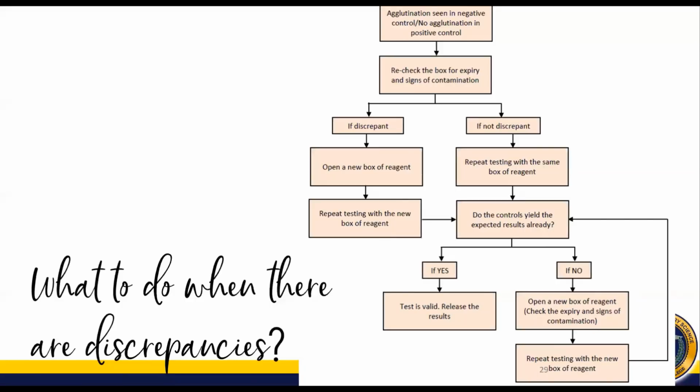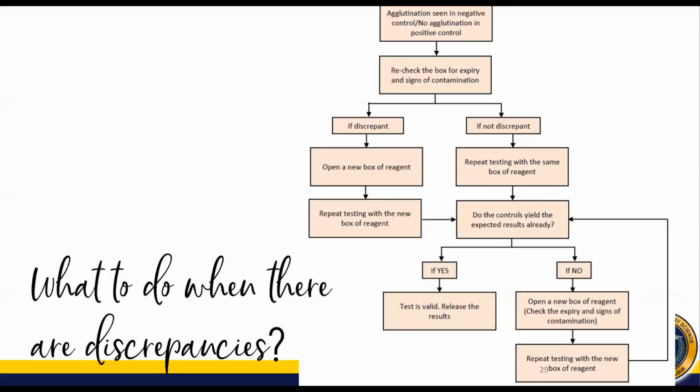And class, in most instances, with a new box of reagent, nare-resolve talaga yung discrepancy. Discrepancies in the control reagents are usually due to contamination or nag-degenerate na yung reagent natin.